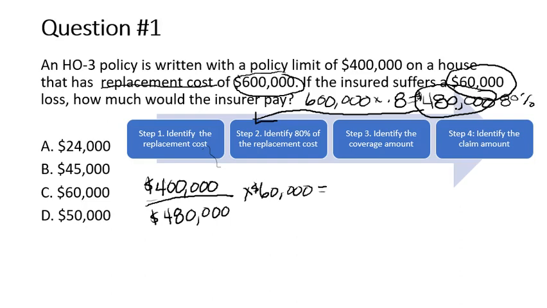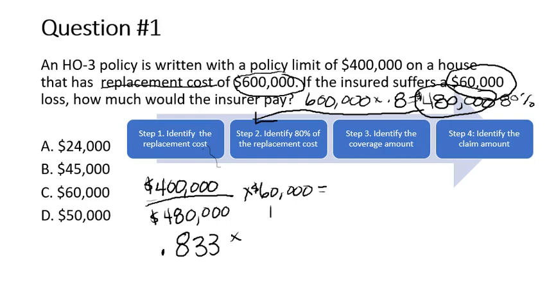If we work that out, $400,000 divided by $480,000 comes out to a decimal of 0.833, and it goes on forever, so I'm just going to use 0.833.